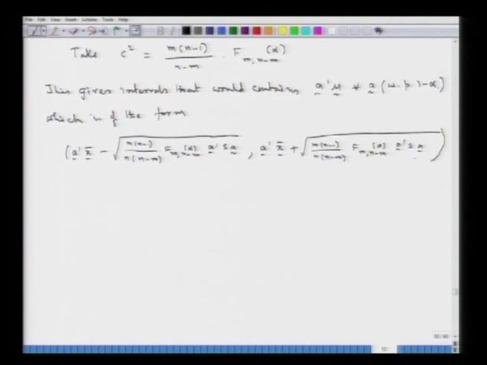So this basically gives us that simultaneous confidence interval. This interval will contain a prime mu for every a simultaneously.